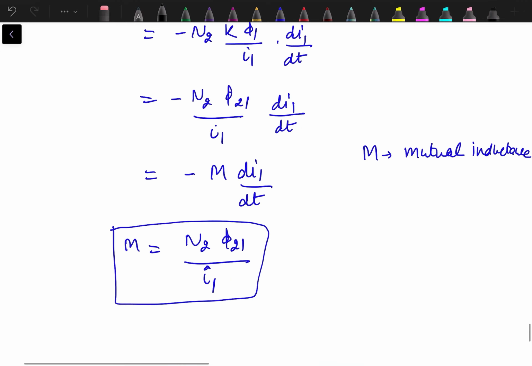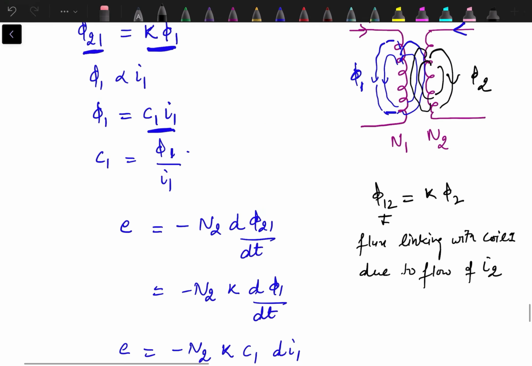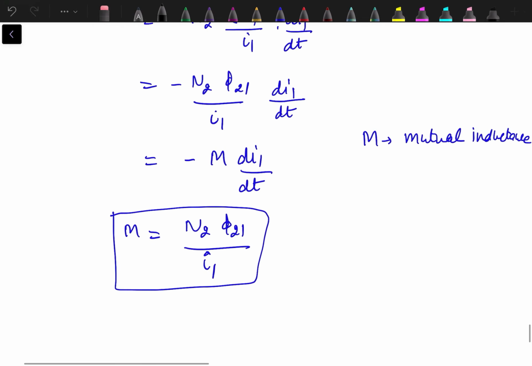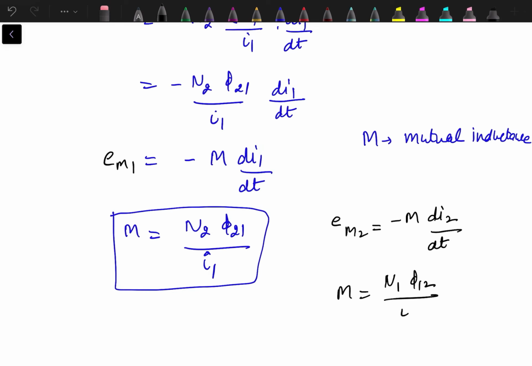So similarly, we can find out the mutually induced EMF in the first coil as well. Similarly, we can write the mutually induced EMF in the second coil. In that case, EM2 will be equal to minus M di2 by dt, and M will be equal to N1 phi 12 upon I2. This can be written on similar grounds as we have written EM1.